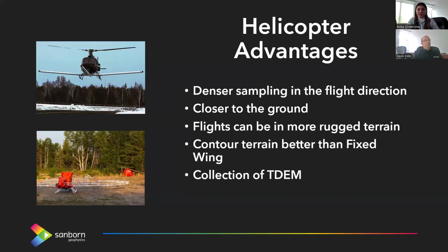The advantages of a helicopter survey are that data can be collected in remote areas and there's no need for an airport. The helicopter surveys are usually lower and slower than a fixed wing, resulting in denser data sets. The Sanborn time domain system has a competitive advantage as well.